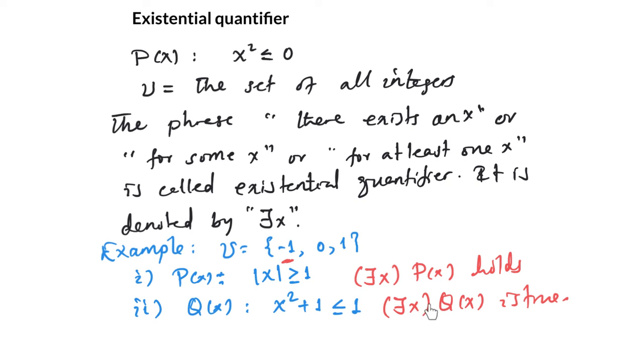To say that a statement quantified with an existential quantifier is false, the statement must be false for every possible element you choose from the universal set. So that's how we decide the truth value for a quantified open proposition.